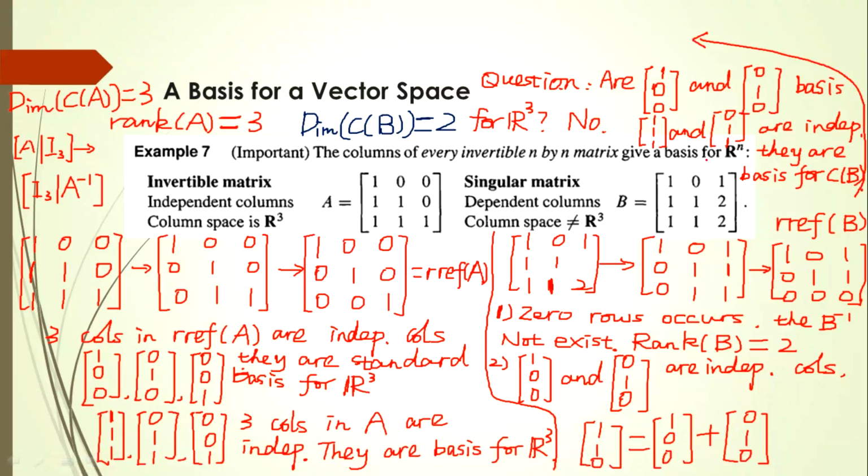The two columns from matrix B, 1, 1, 1 and 0, 1, 1, are independent columns. They are bases for the column space of B, and the column space of matrix B is a subspace of R3.